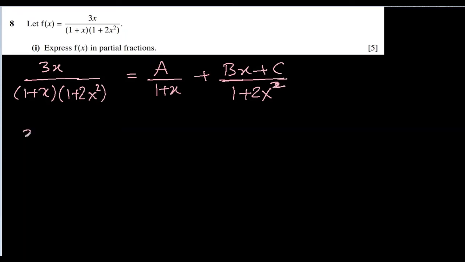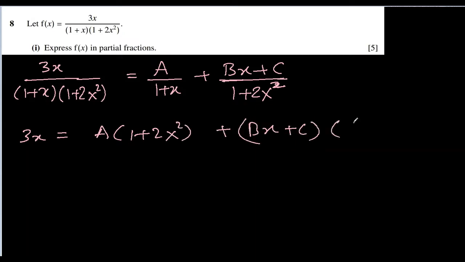Alright, so 3x, if we find the LCM of the right side, the numerators of both sides will be like this: 3x equals A times 1 plus 2x square plus bx plus c times 1 plus x. Since the denominators will be same now, I'm ignoring denominator of both sides.